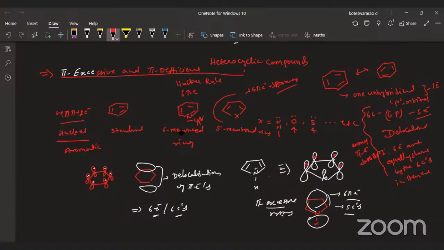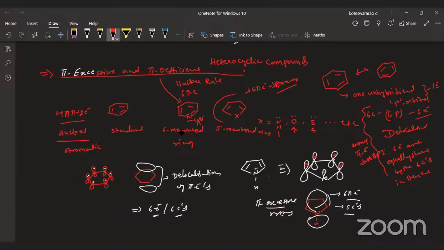And nitrogen is more electronegative, so it draws some electron density from the remaining 5 carbons. That is the reason for the decrease in electron density on the carbons. Therefore, such molecules are known as pi deficient heterocyclic compounds.